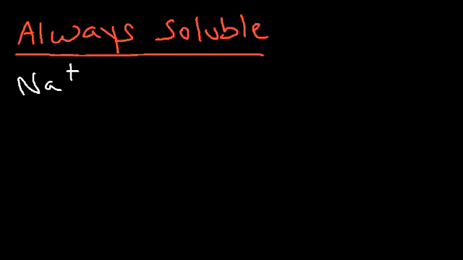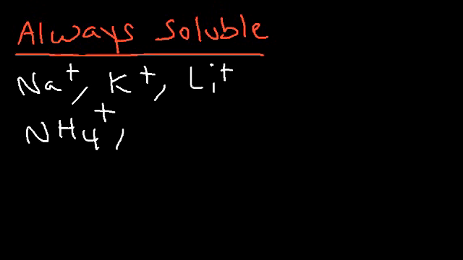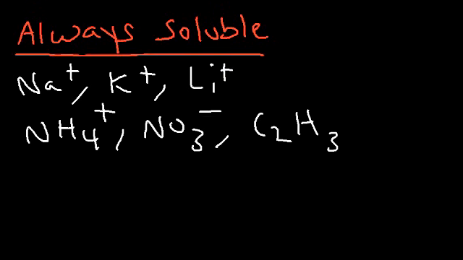Now, before we go into our next example, let's briefly review the solubility rules. Ions that are always soluble are the alkali metals like sodium, potassium, lithium. Ammonium is always soluble. Nitrates, acetates. If you see these ions, for the most part, they're always soluble.